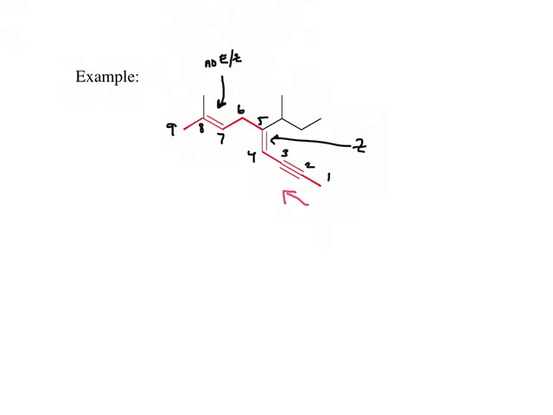So, next thing to do, I have a methyl substituent, and the other substituent is a sec-butyl. So let's go ahead and name this thing. Sec-butyl will come before methyl, so we're looking at 5-sec-butyl, 8-methyl.